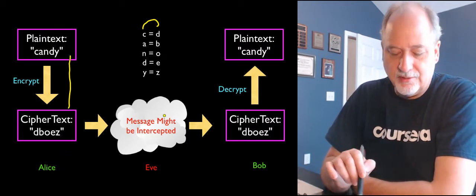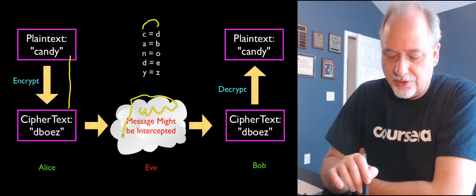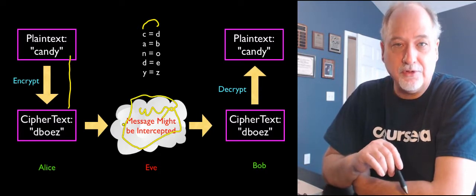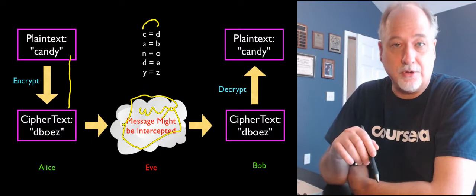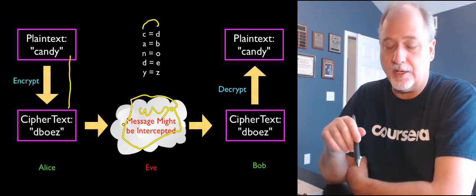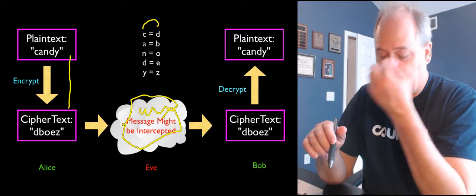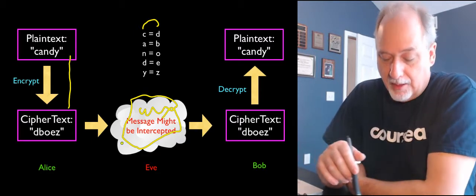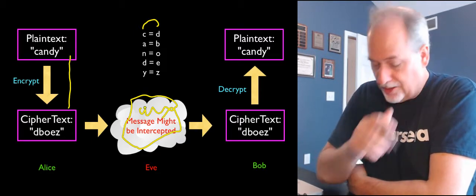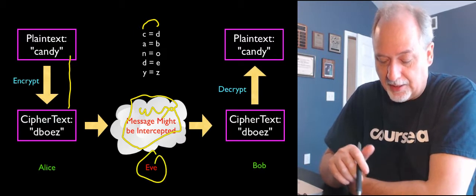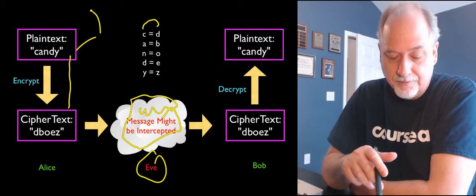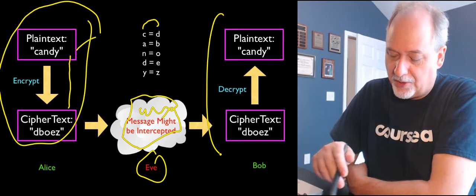Alice sends it in the dangerous, nasty wide world of routers or radio with Morse code or whatever it is we're going to do, where the message might be intercepted by somebody, Eve. Now, they're not intercepting the plain text. We assume that this part here is secure and this part here is secure.